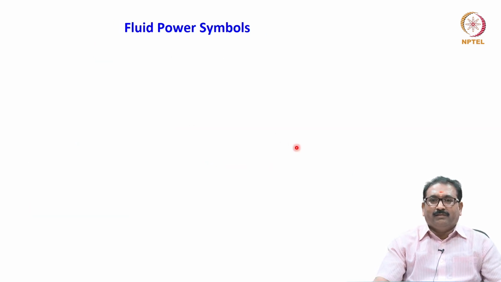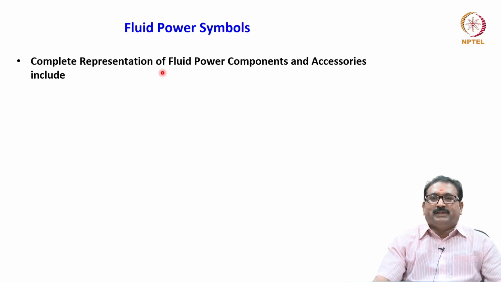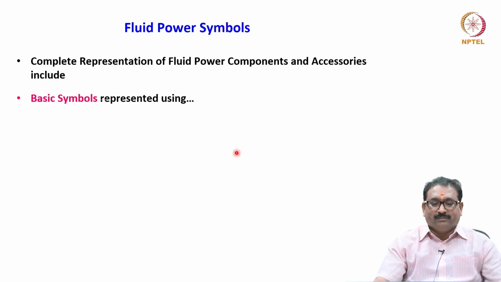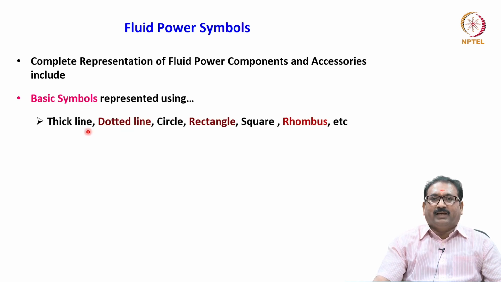Now, we will see the complete representation of fluid power components and accessories. They include basic symbols represented using thick line, dotted line, circle, rectangle, square, rhombus. These are the basic symbols.